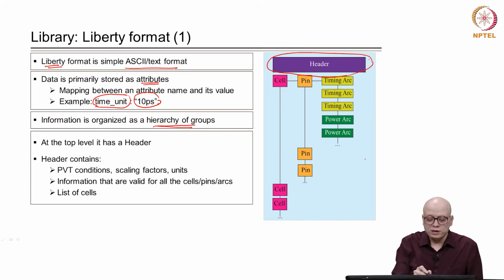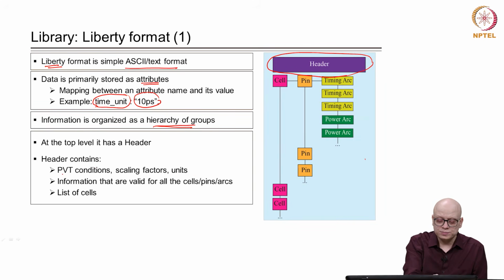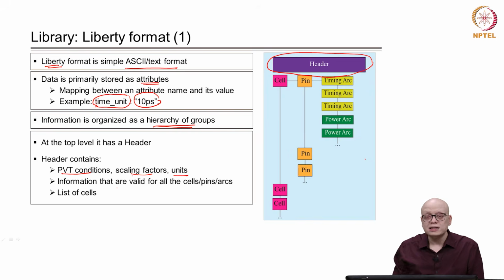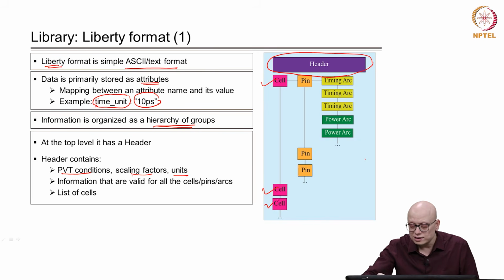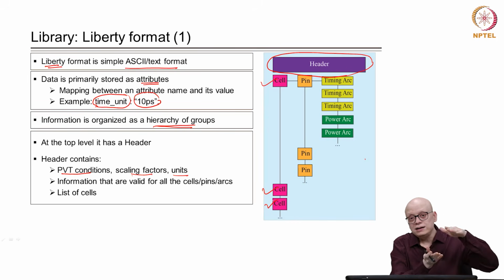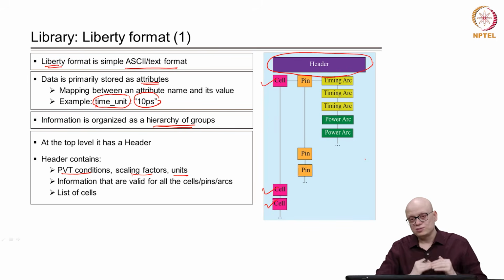The header contains PVT information, scaling factors, units. It contains information that is valid for all the cells, pins and arcs inside the library, and then it contains the list of cells.